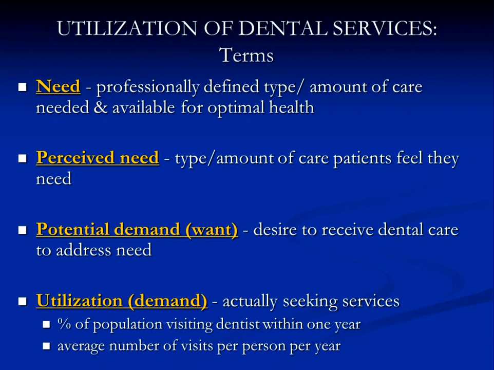When you're looking at the literature and the research, a lot of times it is reported in one of two ways. It's either measured by the percent of the population that has gone to the dentist within the past year, or it is presented as the average number of visits per person per year.